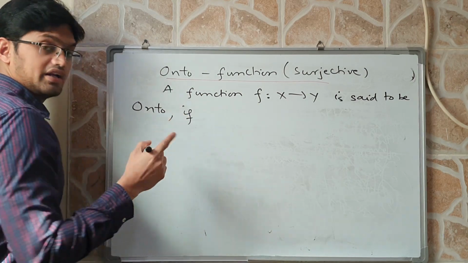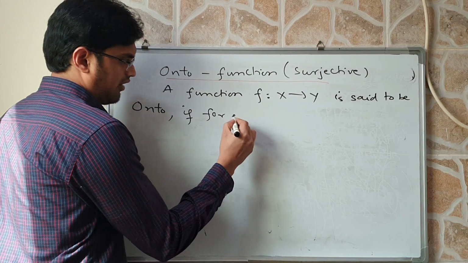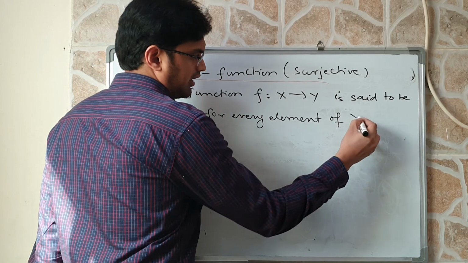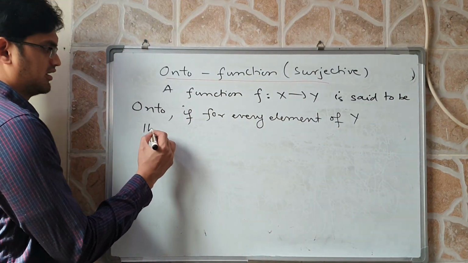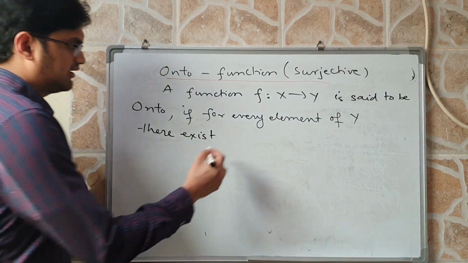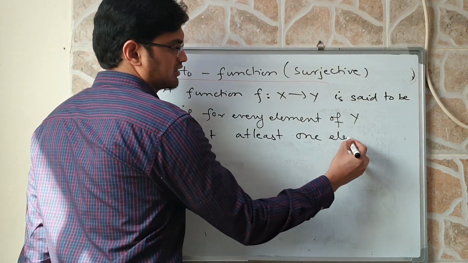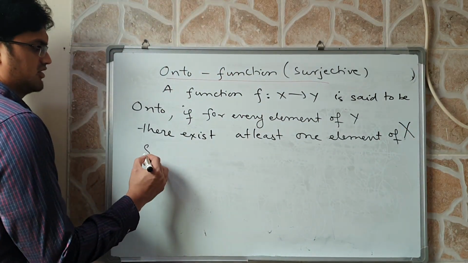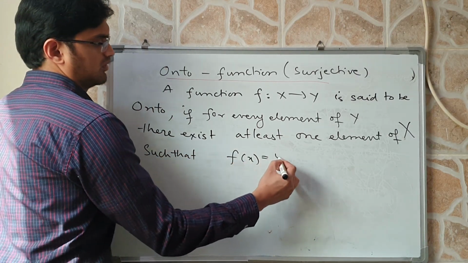if, now condition starts, listen carefully, if for every element of Y there exists at least one element of X such that f(x) is equal to y.